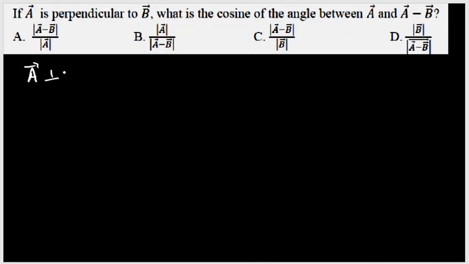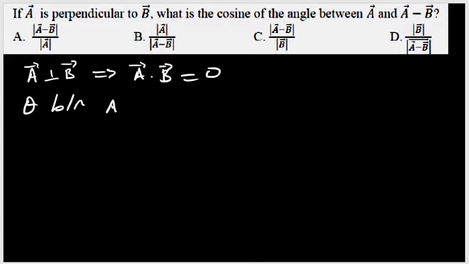The next question: vector A is perpendicular to B. What does this imply? The dot product of A and B will be 0. What is the cosine of the angle between? We are asked to find the theta between vector A and A minus B. What to do?